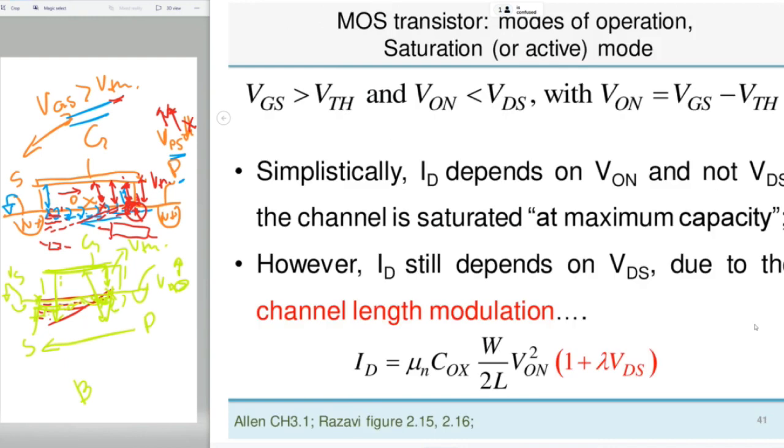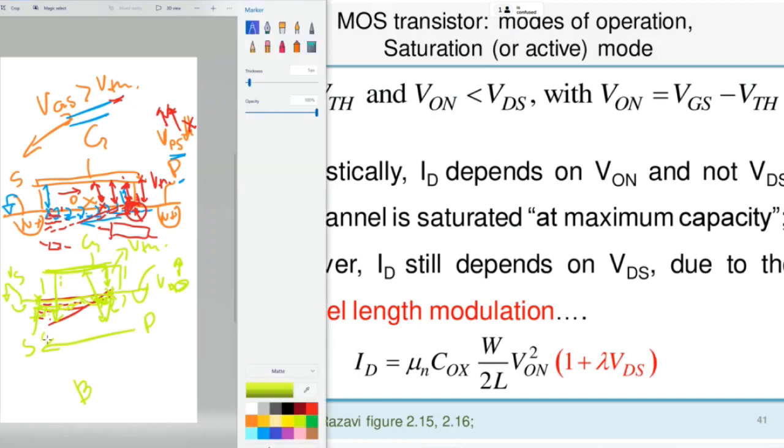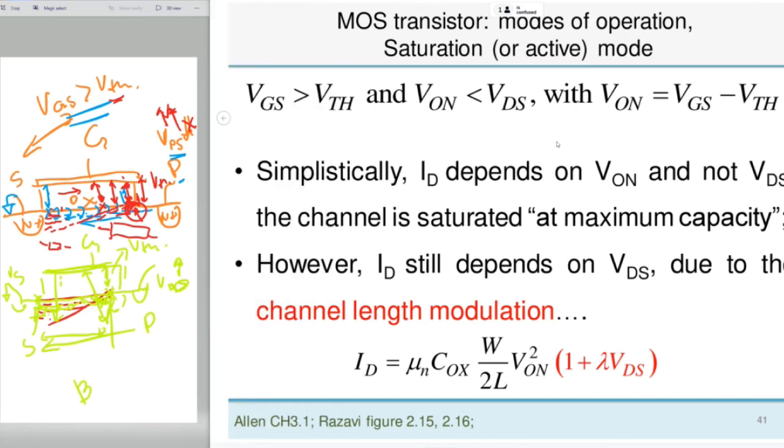Now, of course, you have channel length modulation, because the channel became a little bit shorter. You see that the channel became shorter. This means that its conductivity effectively increased. We can model this with the channel length modulation effect by applying a term here, a coefficient dependence on the drain-source voltage.